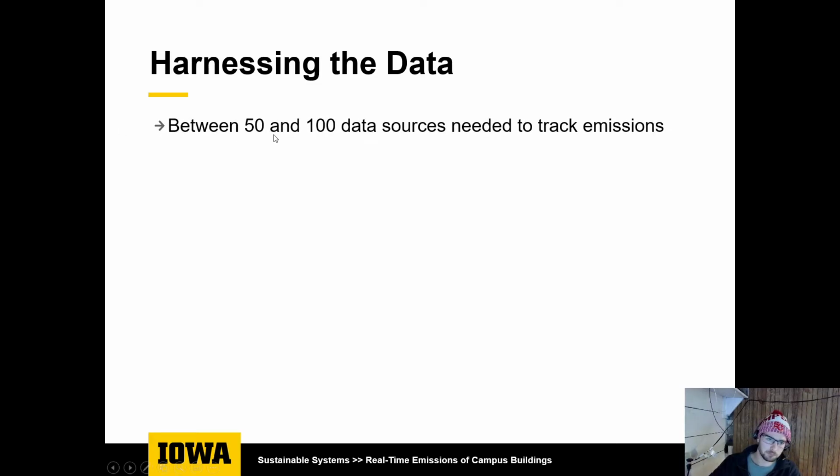There are between 50 and 100 data sources, and for example, these data sources will tell us how much coal is being shoveled into boilers, or how much steam is getting tailed off and routed to electric turbines. I haven't counted, but there's between 50 and 100 different data sources to backtrack from energy resource usage to emissions.